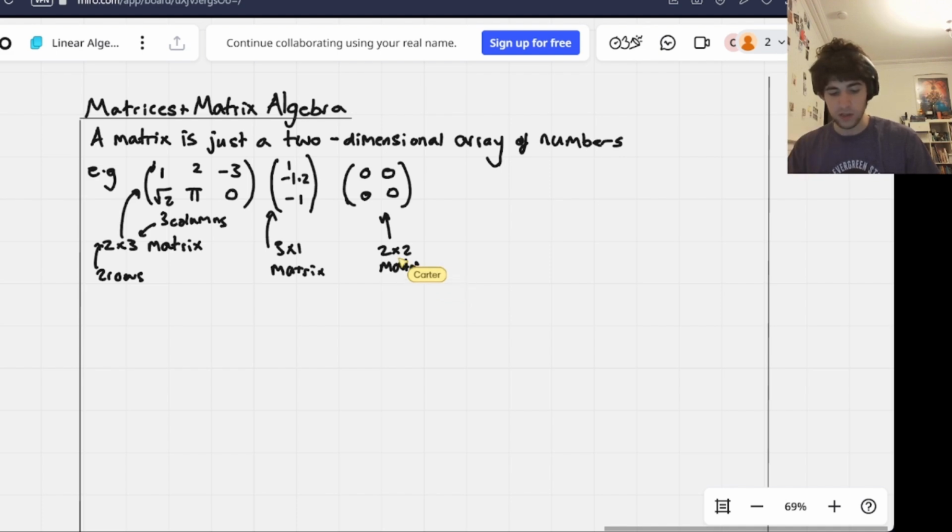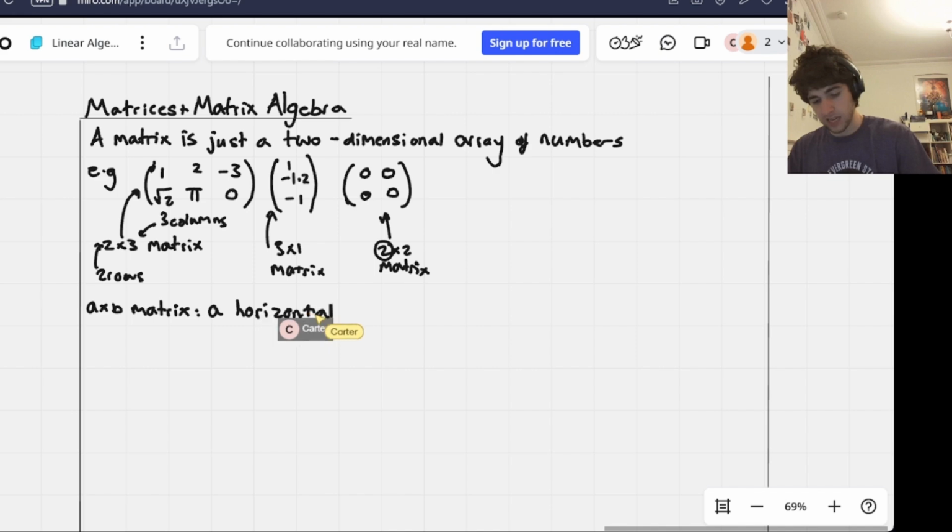So whenever we have an A by B matrix, what we really have is A horizontal rows. So A just tells us how many horizontal rows our matrix will have, and B vertical columns.